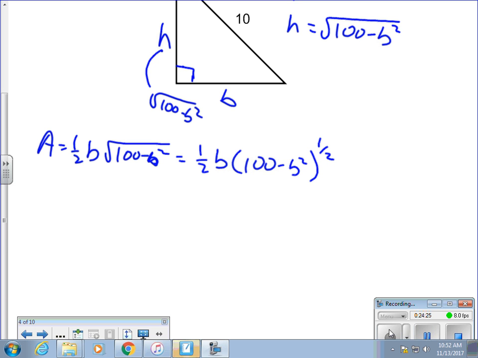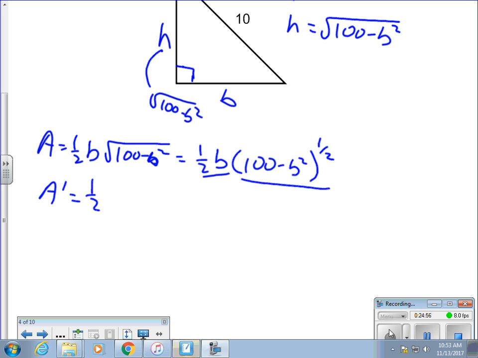Now is where the fun begins. Taking the derivative. A prime is equal to, I have a product. First term, second term. So the derivative of my first term is 1/2.